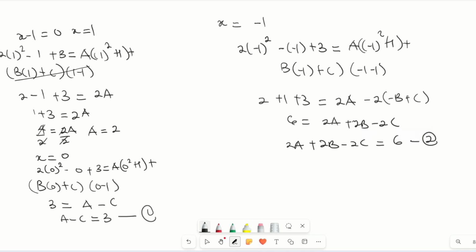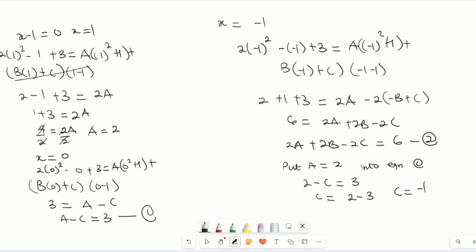From equation 1, since a is equal to 2, put a into equation 1. So we get 2 minus c is equal to 3. That implies that c is equal to 2 minus 3, and our c will be equal to -1.